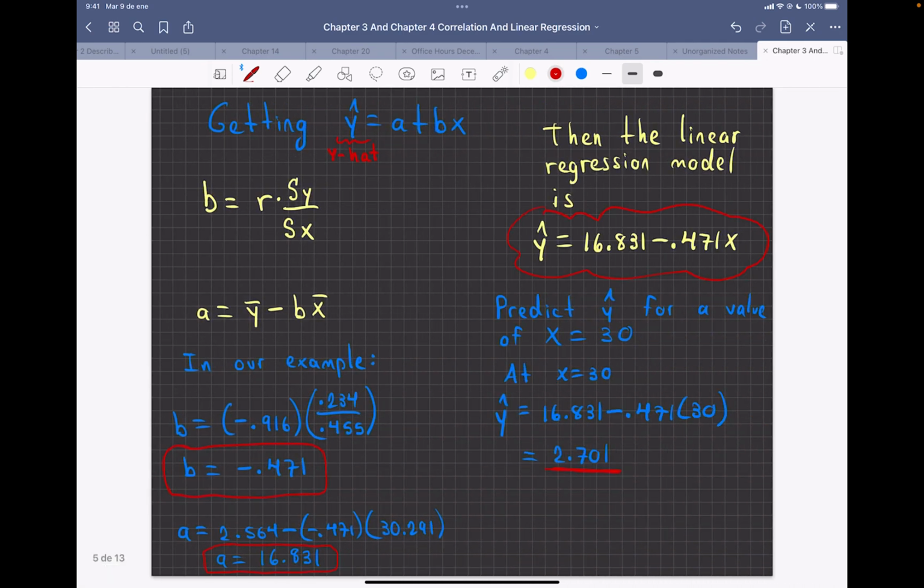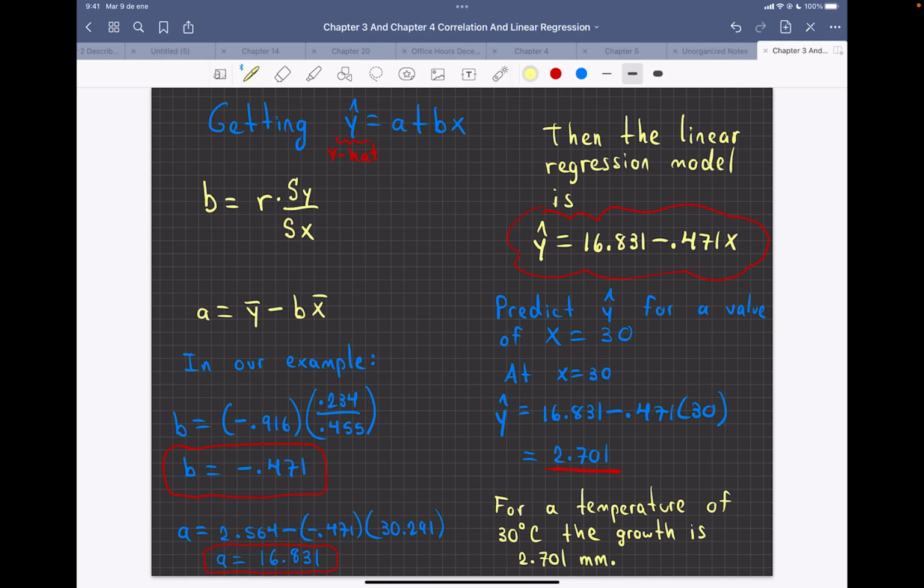So we can say for a temperature of 30 degrees Celsius, the growth is 2.701 millimeters.